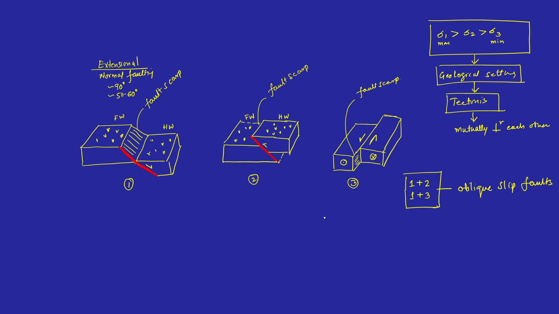Okay. So for example, if you're having normal faulting along with a slip, then how will it look like? Suppose this block has also moved down.